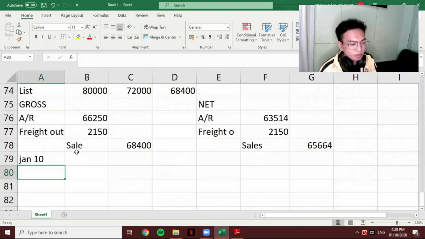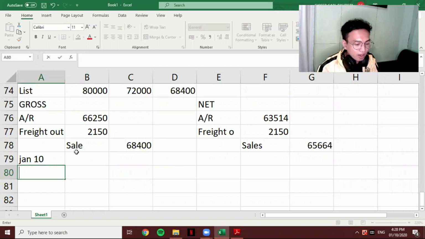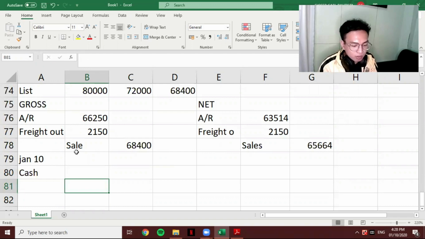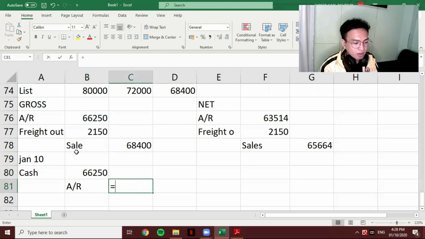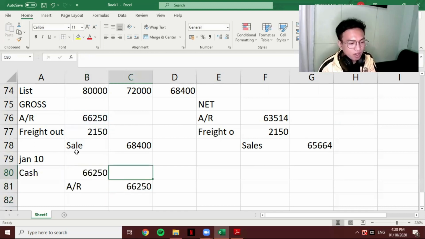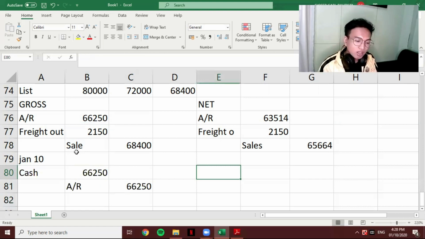On January 10, outside the discount period. So, we have cash. Nagbayad si customer and our AR lang ng buo. Walang problema. However, kapag net method, nagkakaroon siya ng problem. In what sense?